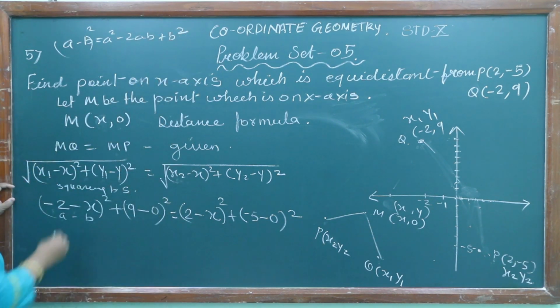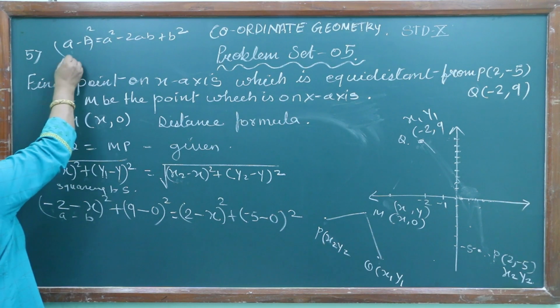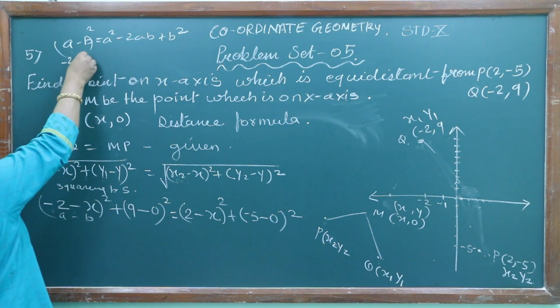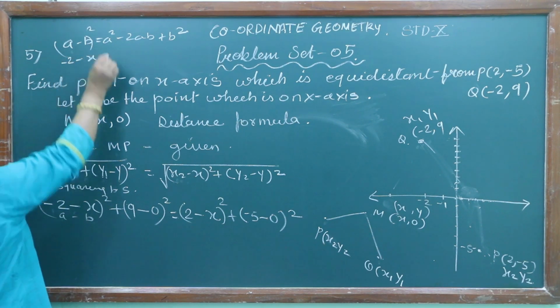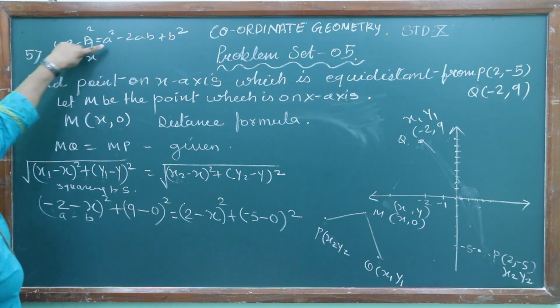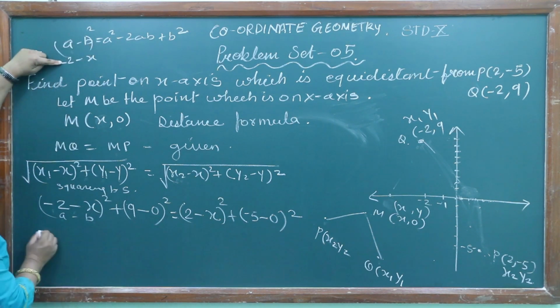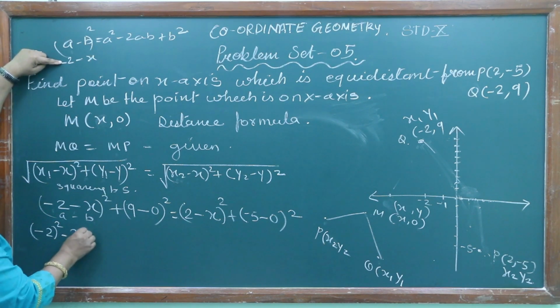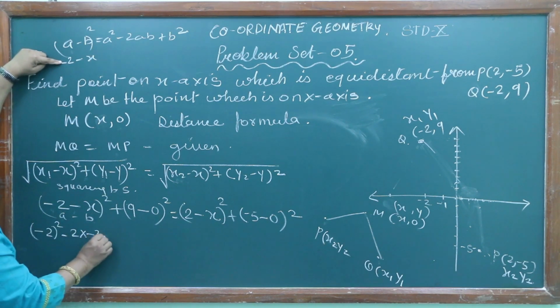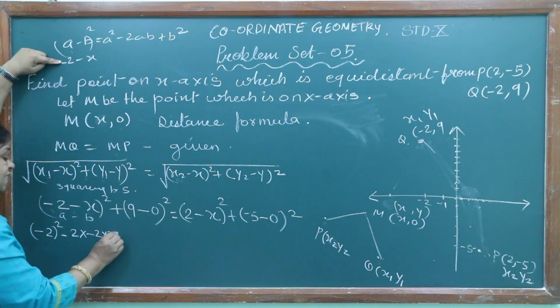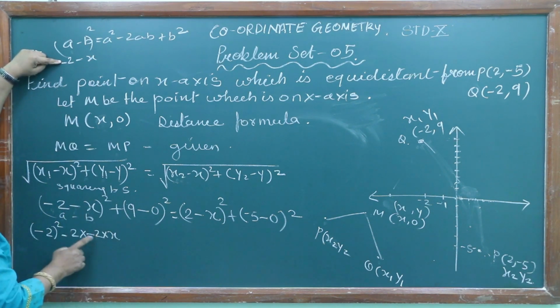Okay. Now what is a? A is minus 2 and b is x. So what will come? A square means minus 2 square, minus 2 into a, that is minus 2, into b, that is x. We do not take a minus again, because we have already taken that minus here in a minus b.